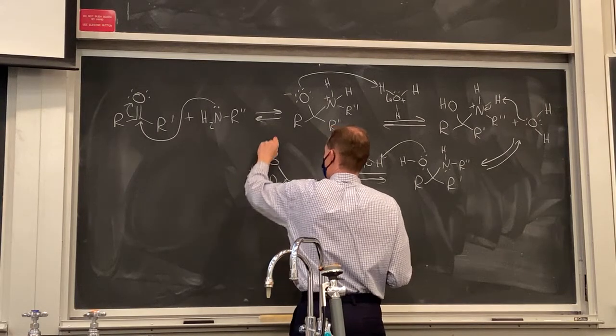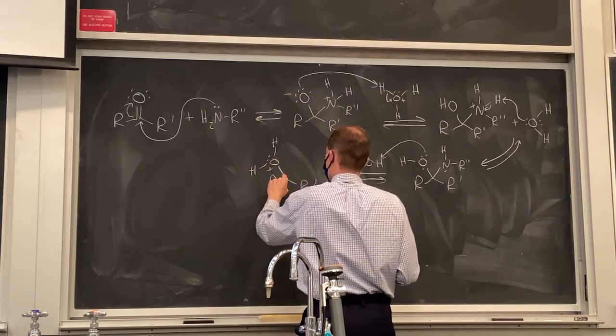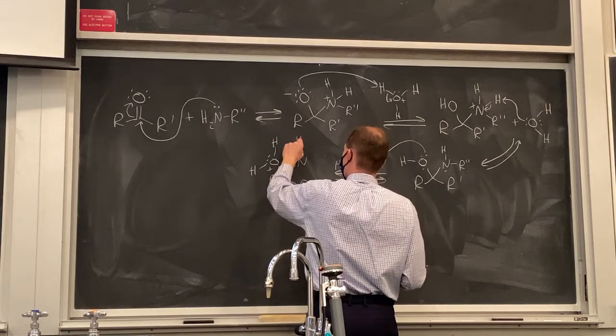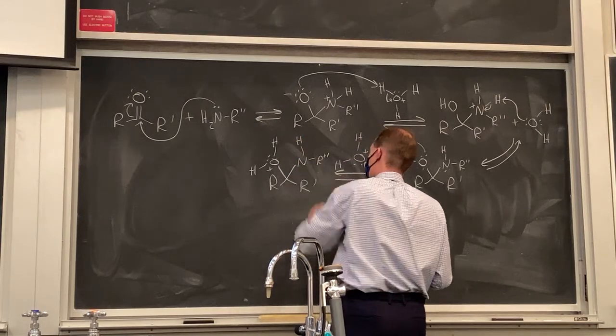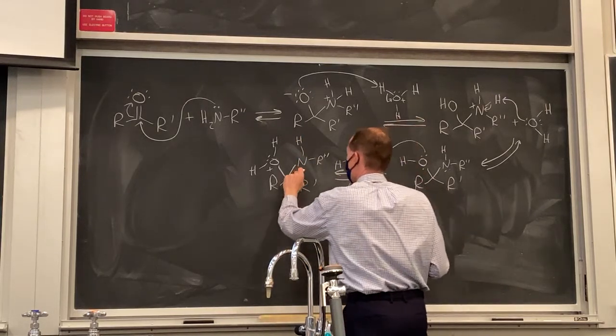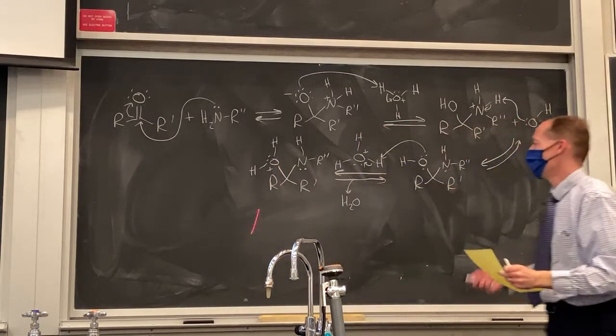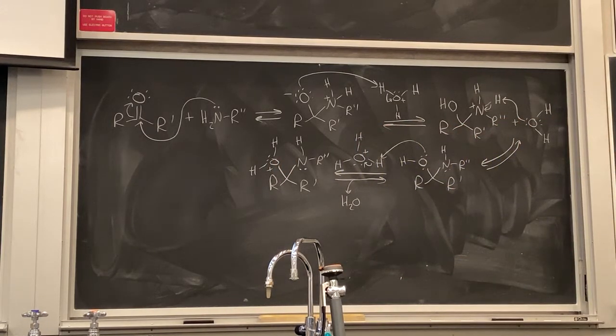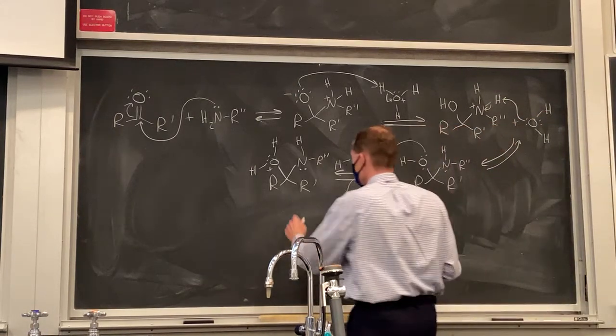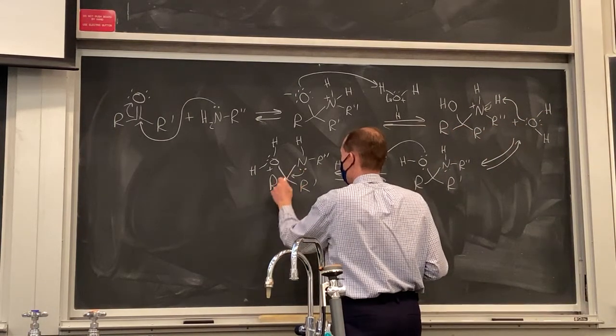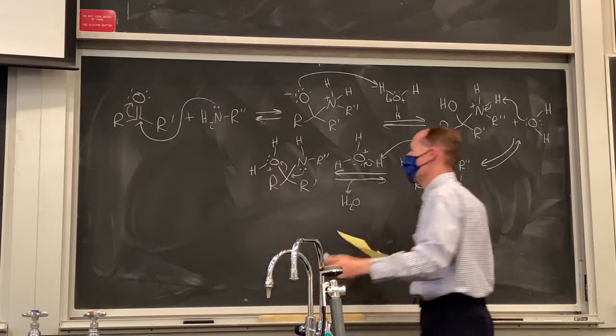And that's going to generate an oxonium ion. So we have a positive charge on oxygen. Water, we know water is a good leaving group. So now that water can depart, and we're going to use the lone pair on the adjacent nitrogen to help it depart.